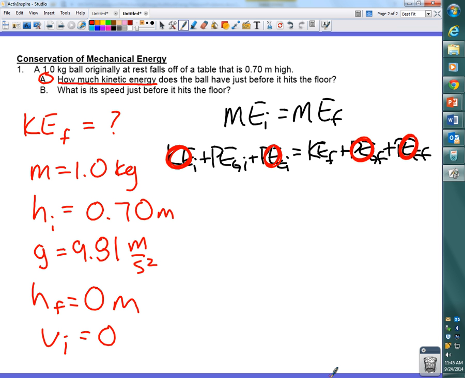But remember that kinetic energy, so let's look at it first conceptually, right? Kinetic energy is energy of motion. Something has to be moving in order to have kinetic energy. If it's not moving at the beginning of the problem because it's originally at rest, it has no kinetic energy. If we want to look at it from a formula standpoint, there's our formula for kinetic energy.